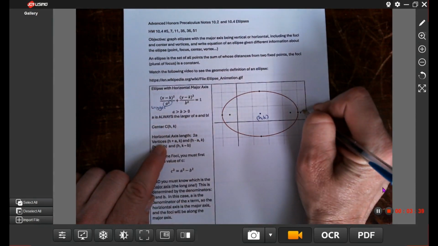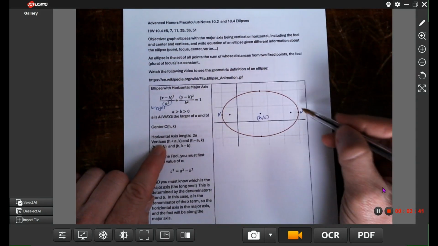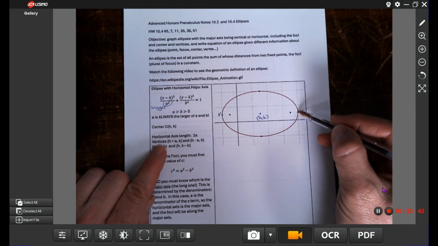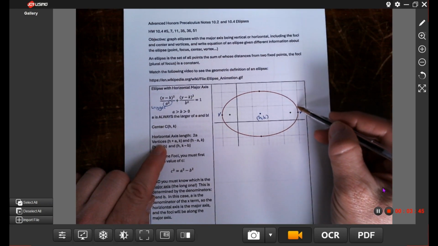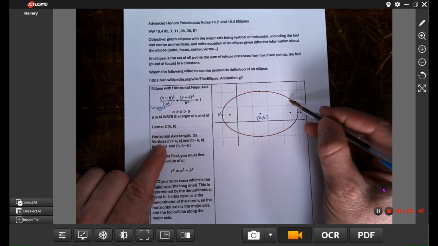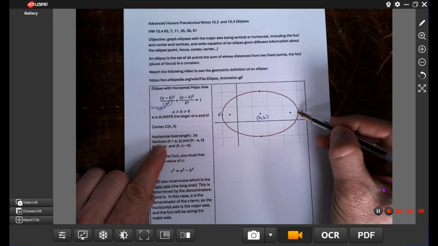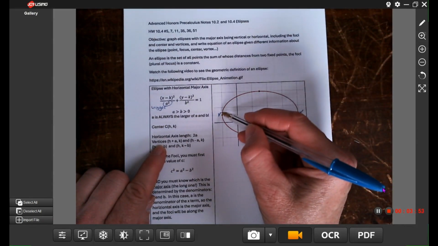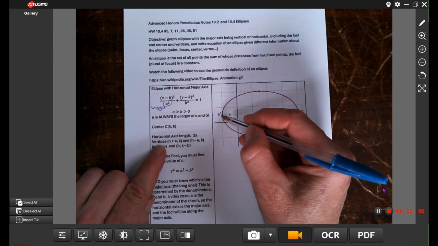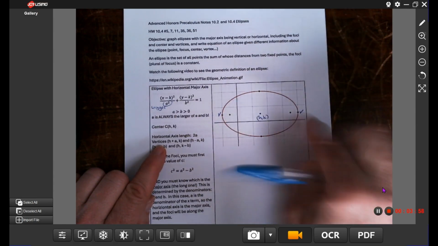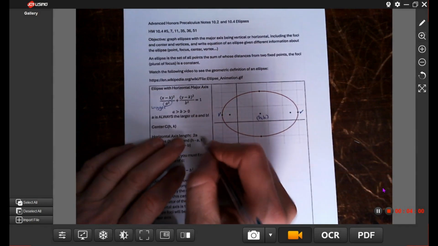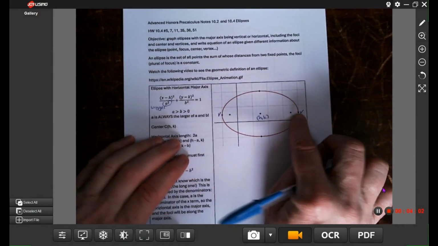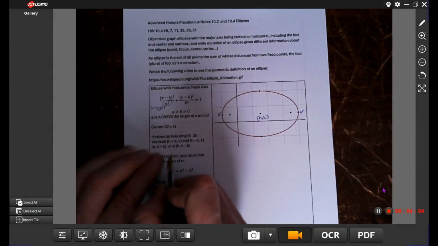And the vertices, so the vertices are these points where the curve turns, so it's curving to the right, and now it's going back to the left, so it turns here, and likewise here, turning one way, turning the other way. So vertices are where the curve changes direction. So these are the vertices, 2 of them.